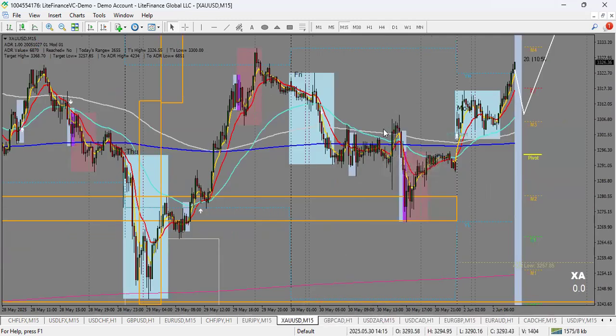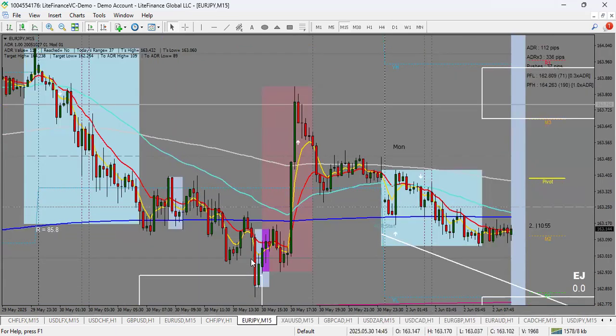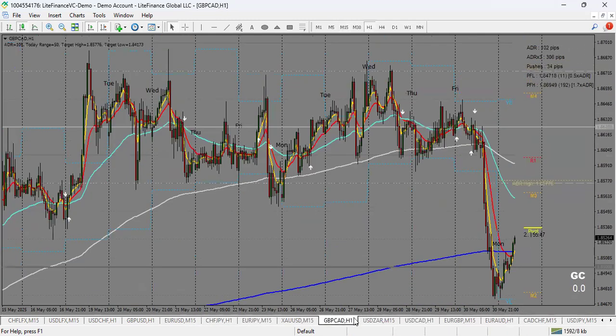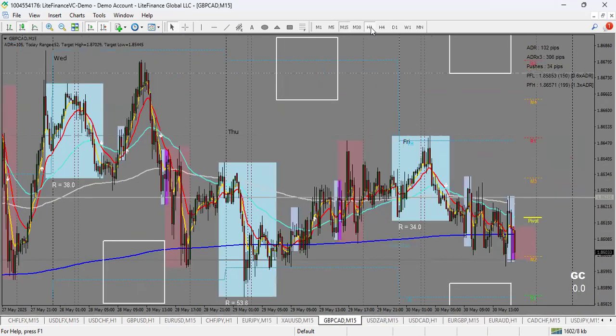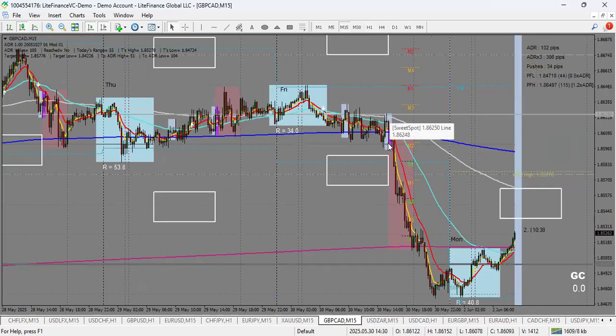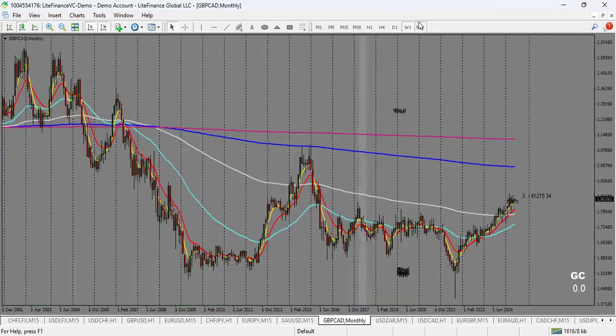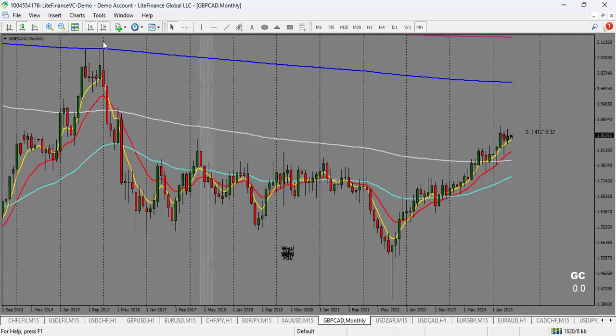So this happened on gold here. We had one on JPY, and later on, you can see the market reversed. And this is GBP CAD. On Friday, we had Canadian dollar news. We had CAD news, it was the unemployment rate, I think.